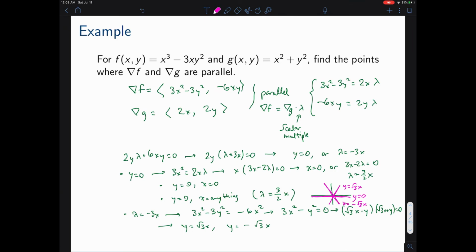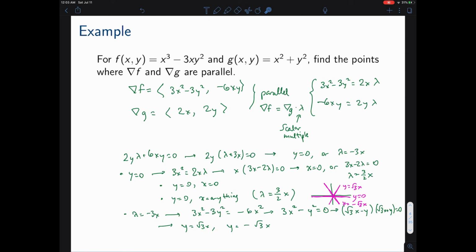And if you remember your unit circle and the tangent values, those are equally spaced at 60-degree angles all the way around. So those are the three lines where, at any point on these lines, the gradients of those functions turned out to be parallel.